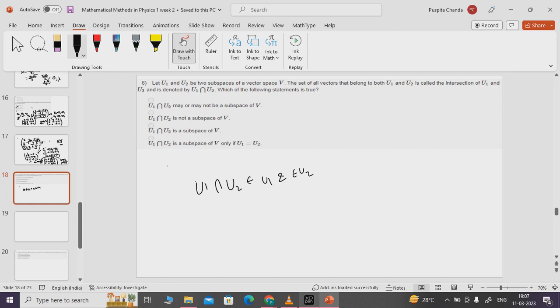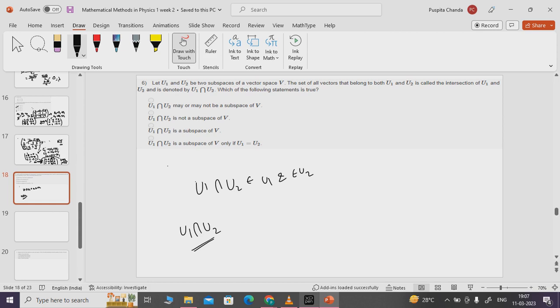See, the U1 intersection U2 may or may not be a subspace of V. So we need to prove whether it is a vector space under the same conditions: the closure property, closure under vector addition and scalar multiplication, identity and inverse.